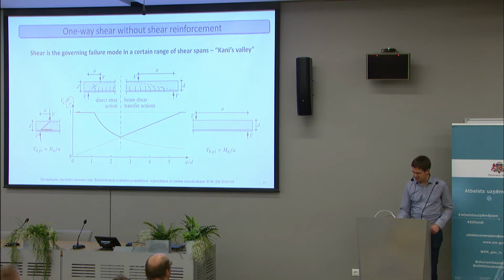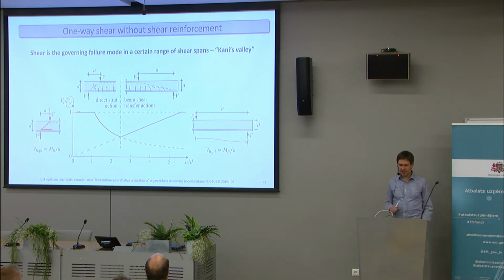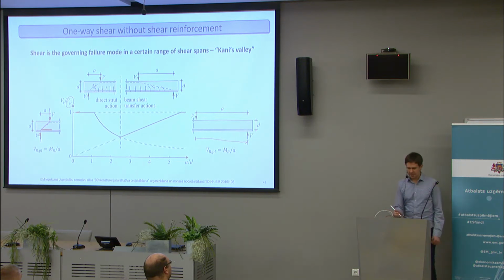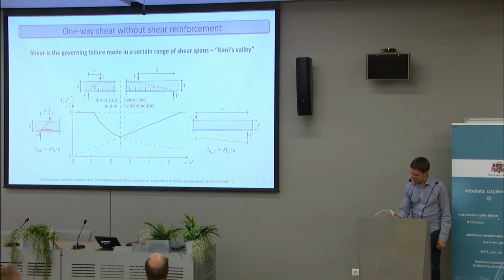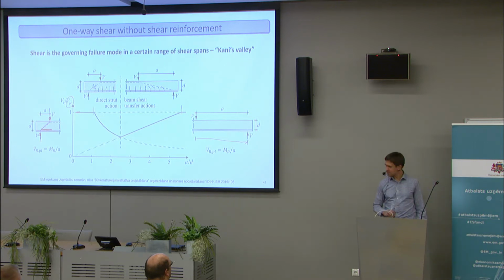Now, in the other extreme, if the span is very long, if it's a very long beam, then again its strength will be governed by bending. We don't have a shear failure; we'll have a bending failure before that. But what interests us, the shear critical beams or slabs, are the ones where the shear slenderness is something in between.